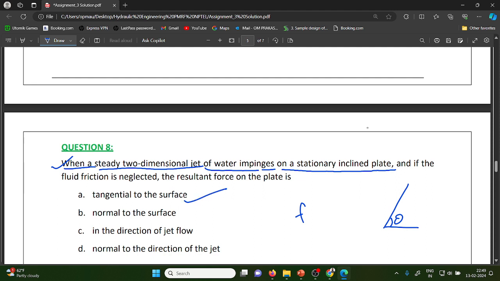Tangential to the surface, normal to the surface, in the direction of flow, normal to the direction of flow.